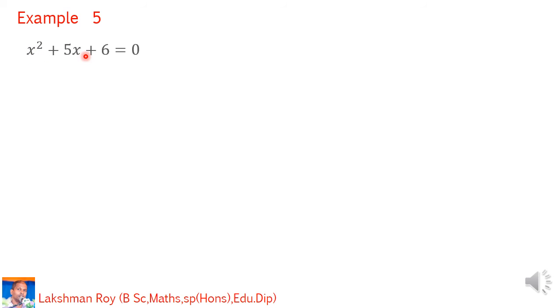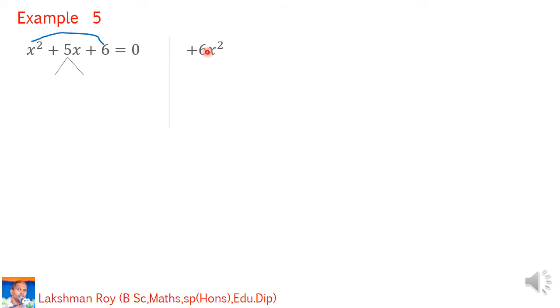How to factorize? You have to write this 5x, positive 5x, as a sum of two terms. Remember, right? Let's see. First, this square term and this constant term should be multiplied, then you get x square into 6, 6x square, both positive so positive 6x square. Now you have to write this as a product of two terms.